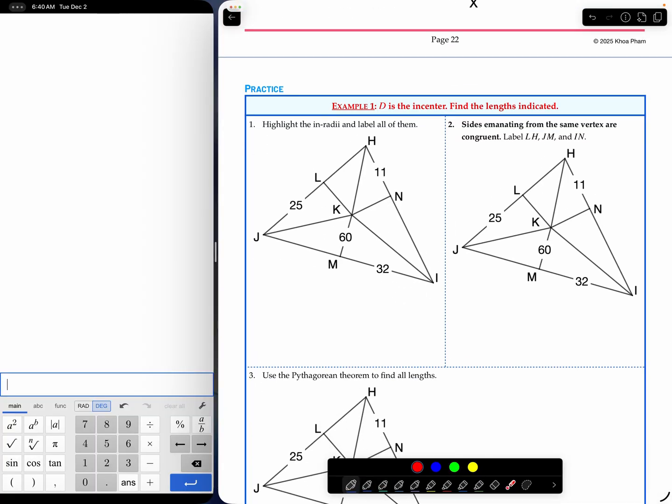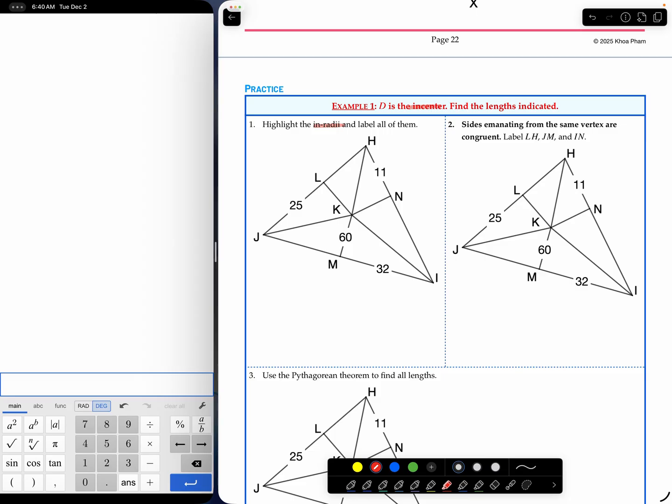In this setup here, we are looking at the incenter, and that turns the inradiuses right here. And so we are focusing on that's wrong. That's weird.